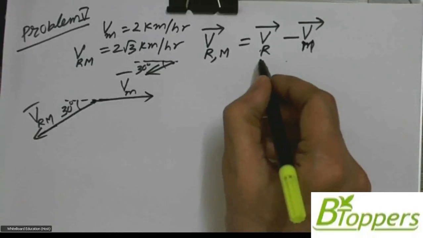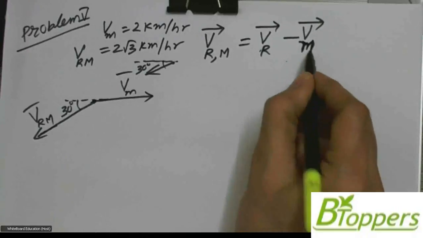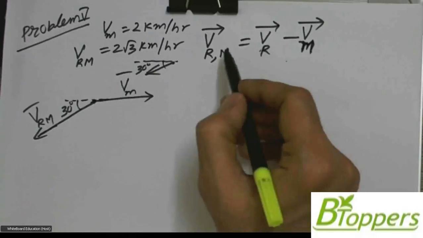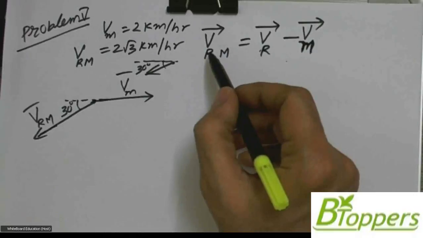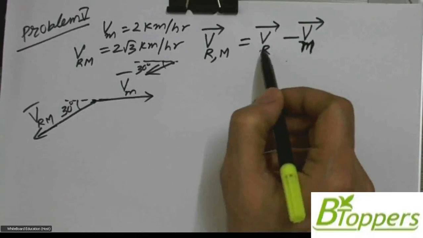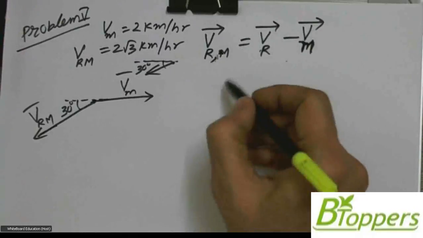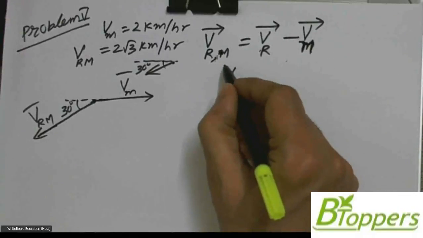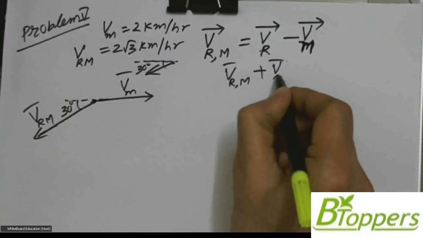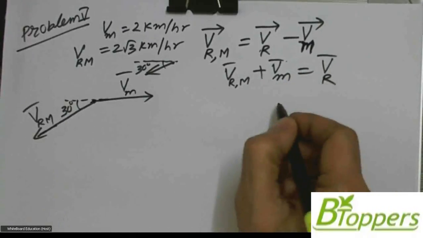Here V_R bar represents the actual velocity of raindrops, and V bar subscript M represents the velocity of the man. You are given the magnitude and direction of the relative velocity of rain with respect to the man, and the velocity of the man. You are asked to find the actual velocity of raindrops. That means this vector you have to find. You can carry this to the left hand side. So we can write the vector sum of the relative velocity of the rain with respect to the man and the velocity of the man will be equal to V_R bar.